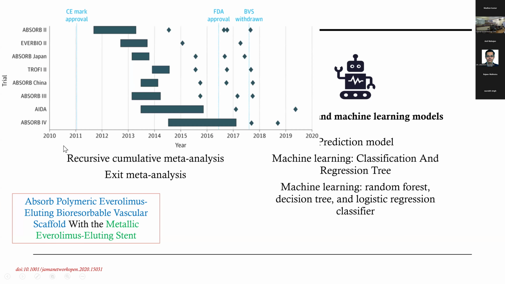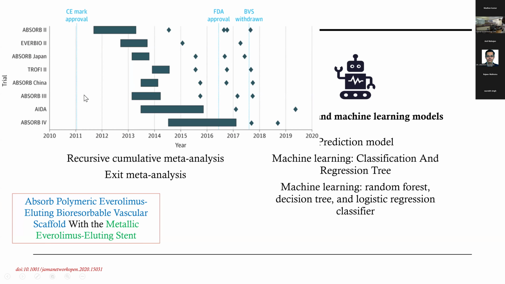So on the x-axis is time, on the y-axis are the various studies. For example, Absorb 2 was done in 2011 to 2014, Absorb. So you can see that Absorb 4 was done between 2014 and 2017.